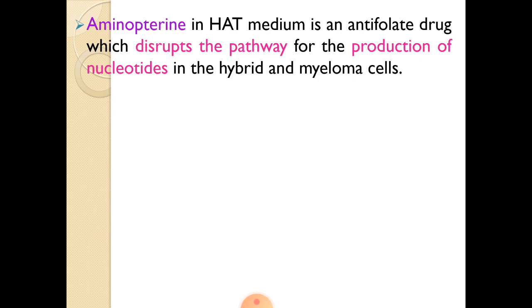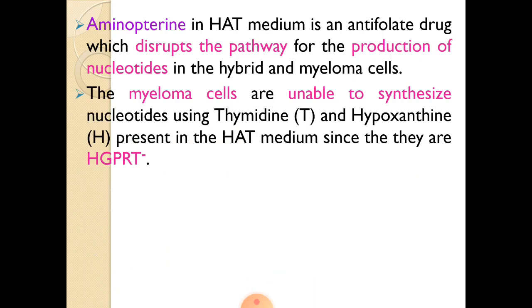Aminopterin in HAT medium is an antifolate drug which disrupts the pathway for the production of nucleotides in the hybrid and myeloma cells. The myeloma cells are thus unable to synthesize nucleotides using thymidine and hypoxanthine present in the HAT medium, as they are HGPRT negative.